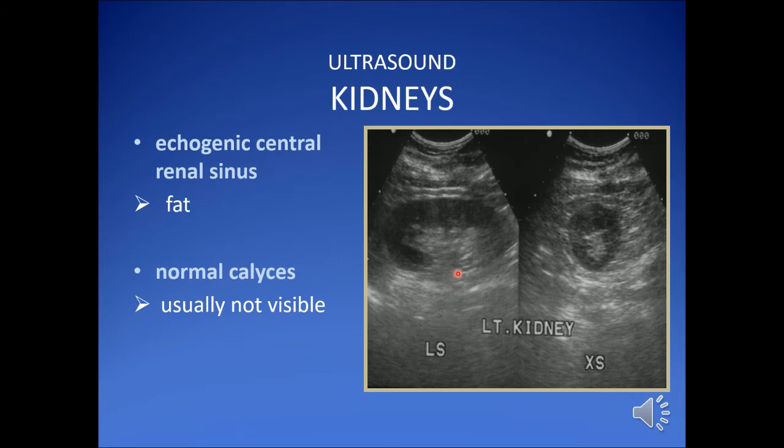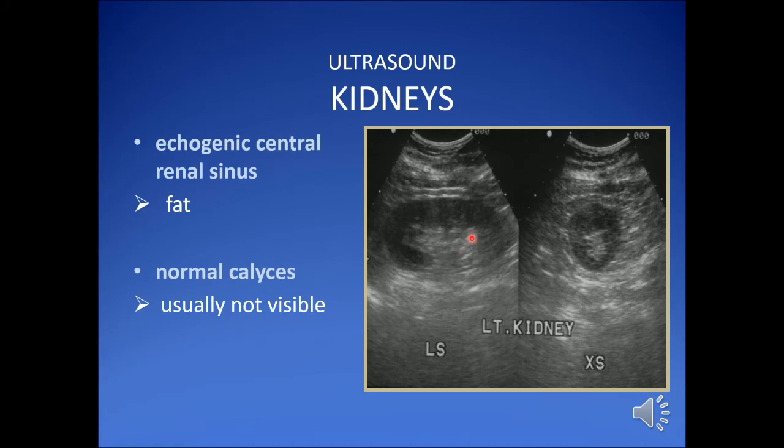The central echogenic renal sinus is found here. If I say echogenic, it is white. If I say hypoechoic or anechoic, it's black in sonograms.